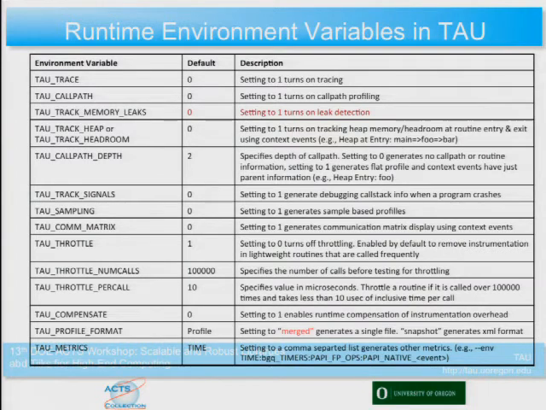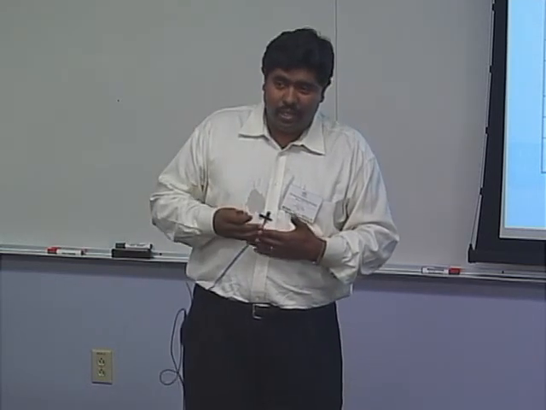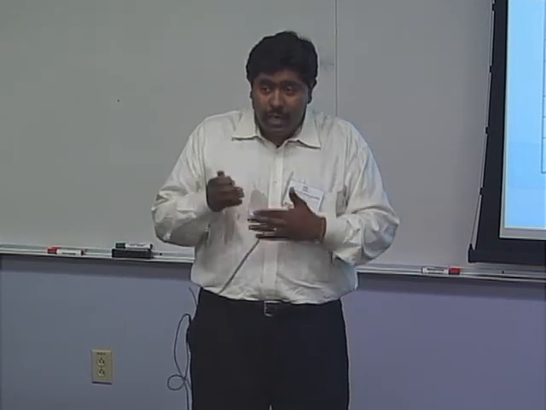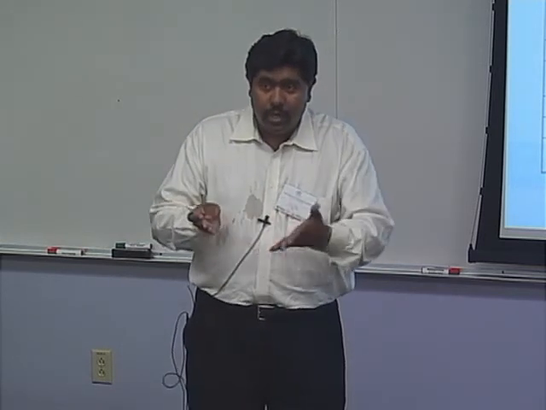What does tau track signals do? Well, if your application really crashes and it generates core dumps from 2048 cores, that's a lot of core files to examine. So what you can do is compile it with tau and just run it with tau track signals equals 1. When it crashes, it will capture the call stack and store it with the performance data till that point of crash and create profile files.